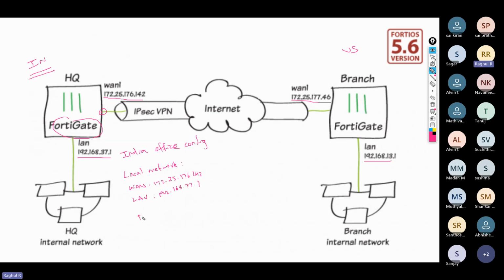Then for the remote, the other end, the WAN is 172.25.177.46 and the LAN is 192.168.13.1.